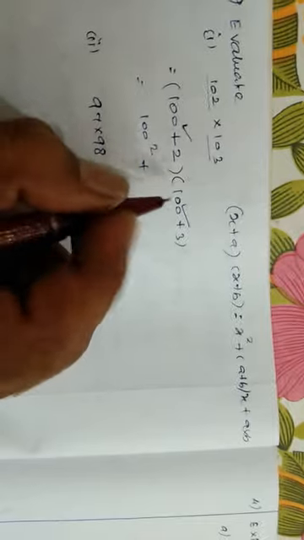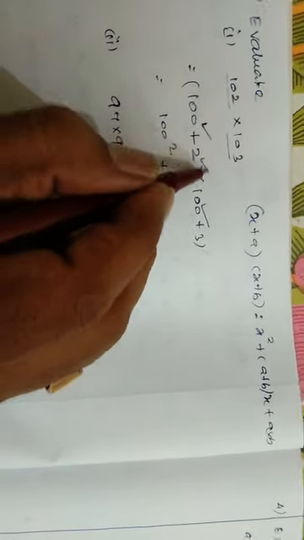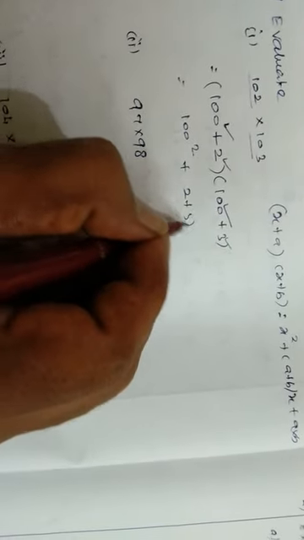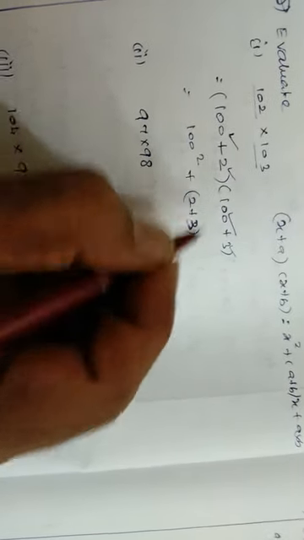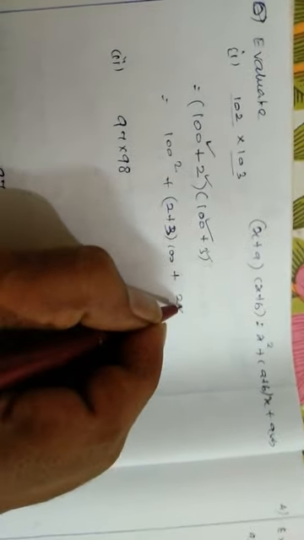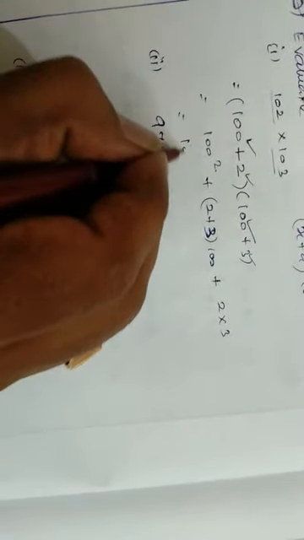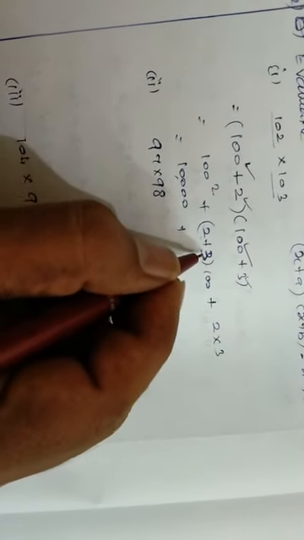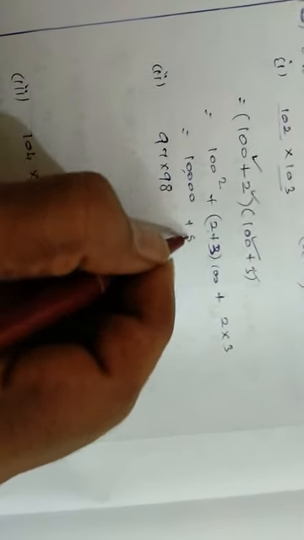So here x is common, x is 100: 100 square plus (a + b), where a is 2 and b is 3, so 2 plus 3 into x value 100, plus a into b, 2 into 3. That is 10,000 plus 2 plus 3, 5, so 500, plus 6.